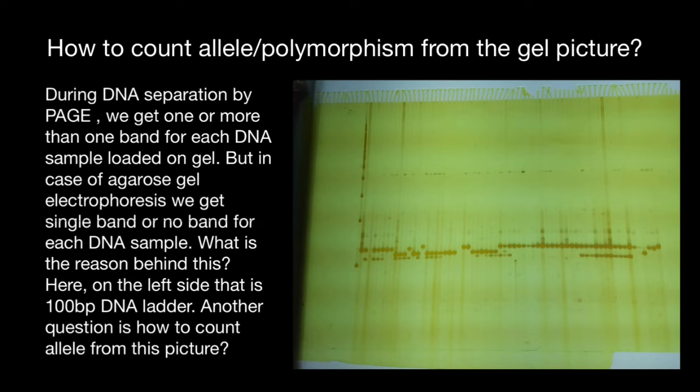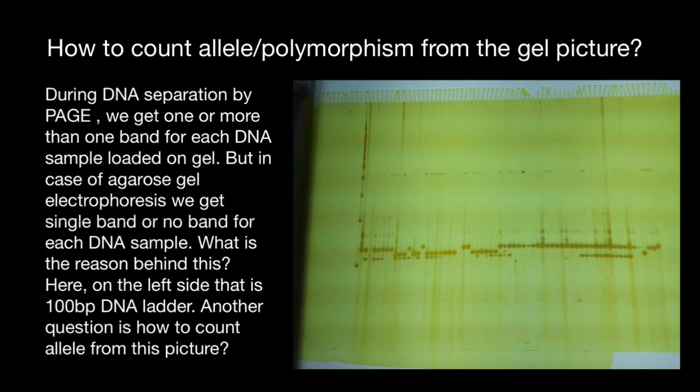So polyacrylamide gels can separate bands with a difference of even one base pair. But agarose gels don't have this power of separation. Even if the difference would be 3 base pairs, you would see this as one band, but on the polyacrylamide gel you would see the difference.